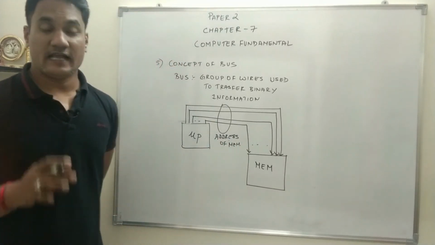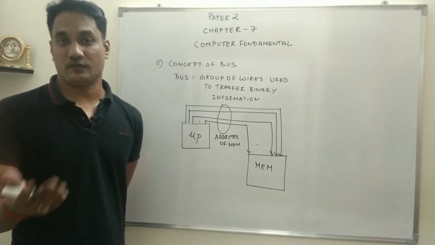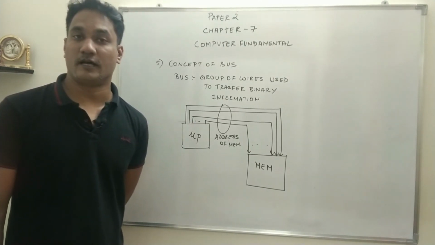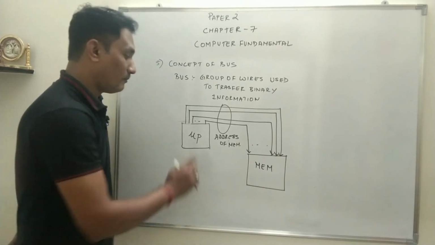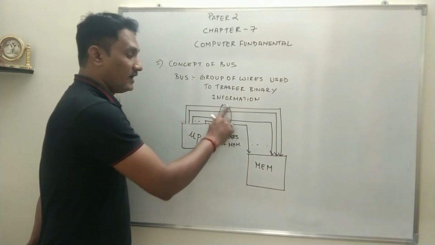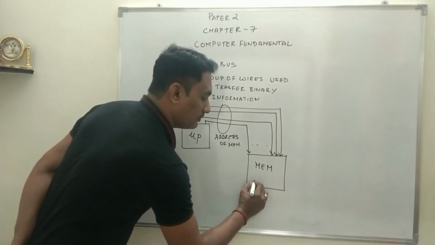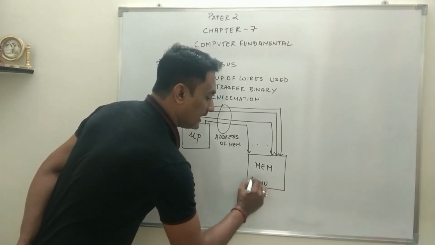So every time the data is to be retrieved or stored or transferred back from memory to microprocessor, the microprocessor will first send the address of the memory location. The memory has a memory management unit, MMU.